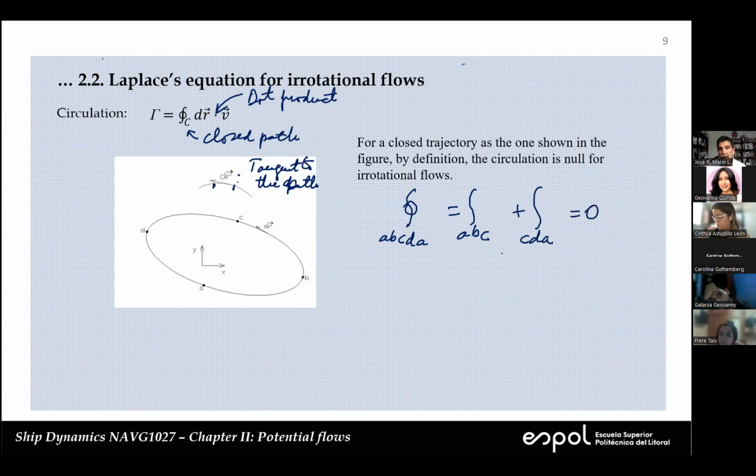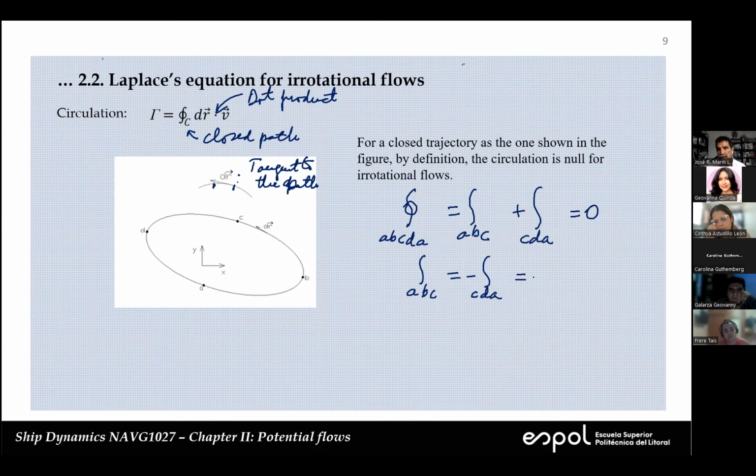Now, we can say then that the integration from A, B, C is equal to minus the integration from C, D, A. And you recall from the calculus of several variables that this is equal to minus if we go in the other direction.